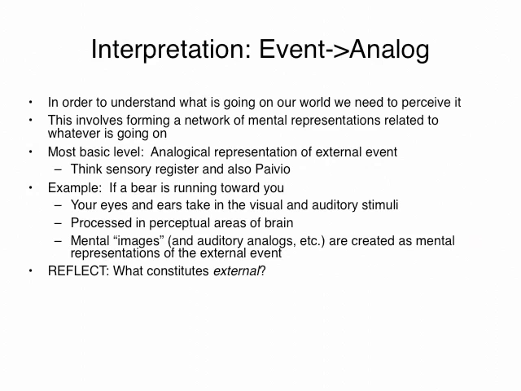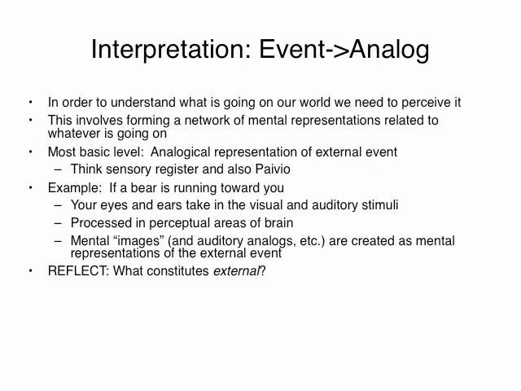Now, going back to that diagram that we saw before with Route 1 and Route 2 on it, I talked about this slide already, so you can see it now. Basically, if a bear is running towards you, your eyes and ears take it in, and then it's processed in perceptual areas of the brain, and then mental images, which would include auditory analogs or olfactory analogs.